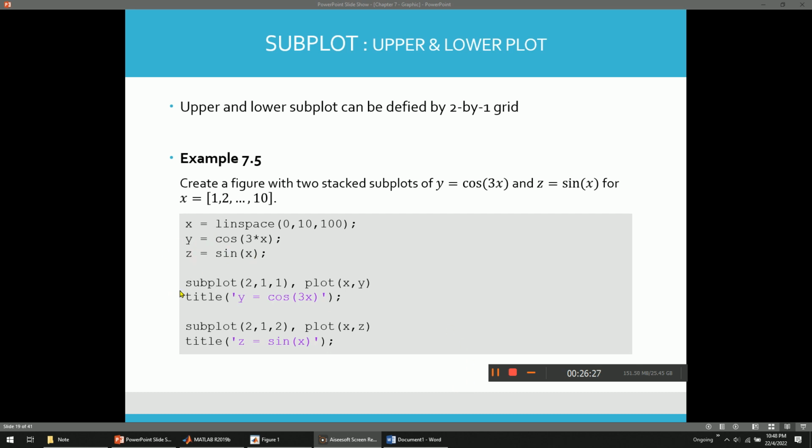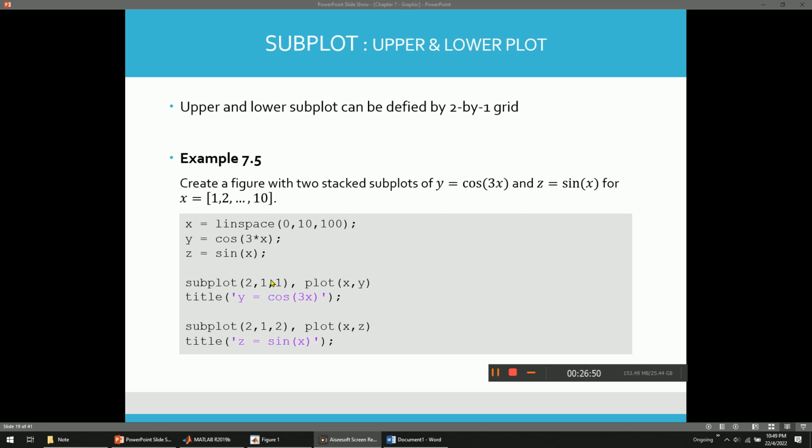So how to use it? Basically just subplot, 2 rows 1 column. You need to make sure this is consistent when you use a subplot. If you choose 2 rows 1 column, the second one also needs to be 2 rows 1 column.